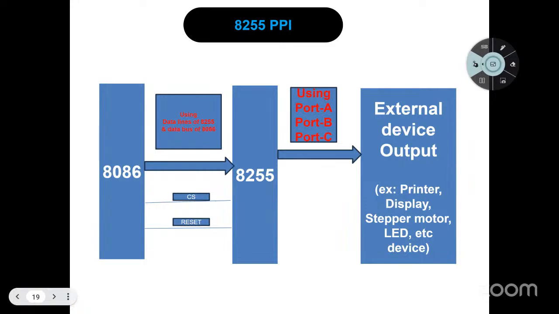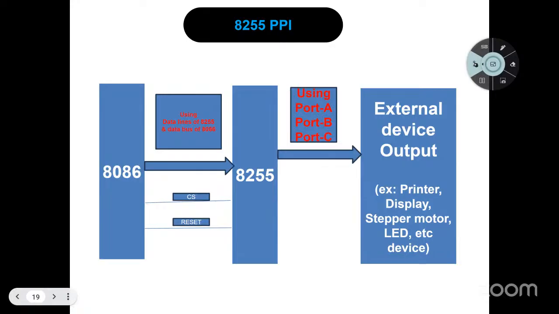So now to that 8255 we are connecting the LED using port A, port B, or port C. Any one port we are using and connect the LED, and then this 8255 is connected to the 8086 using the data bus, using the data lines of 8255 and the data bus of 8086.